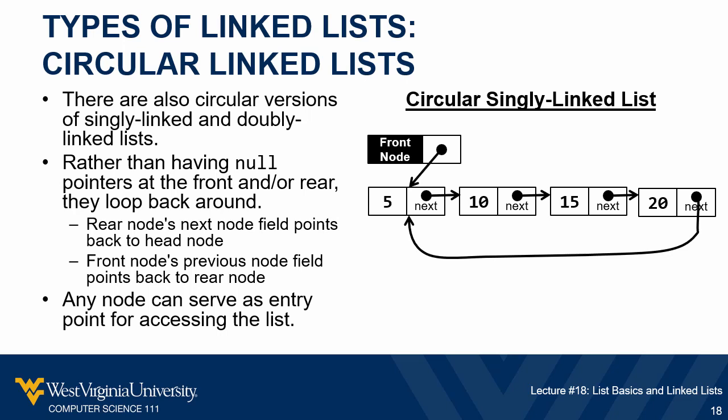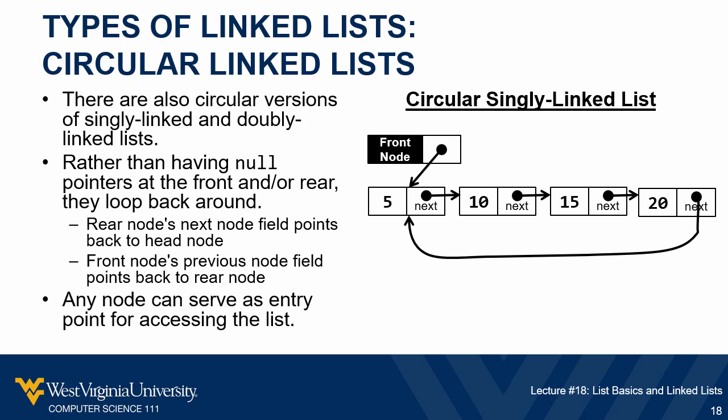Another style of linked list that you'll sometimes encounter, although much less often than a singly linked or doubly linked list, is a circular linked list. You can implement circular linked lists using either singly linked or doubly linked nodes depending on your preference. The main difference from the other types is that there's not a defined start and end, or front and rear, of our list.